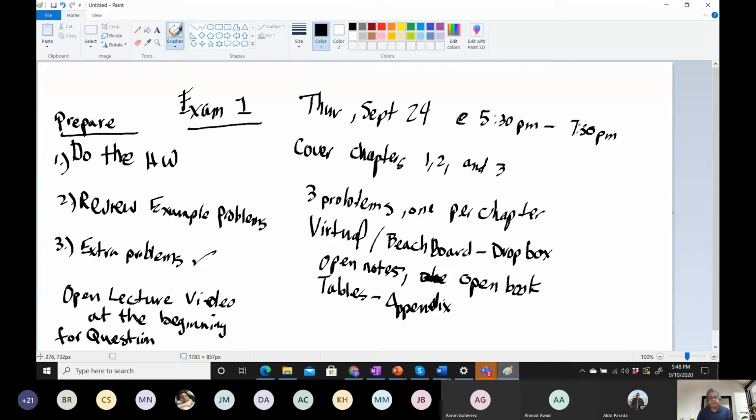I'll be open in case someone says, hey, professor, I don't know the equation for this and that, or I don't know the density of water. I can just write it on the whiteboard: density of water equals 1,000 kilograms per meter cubed.